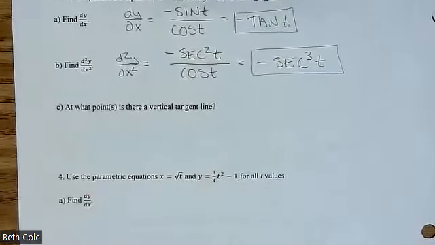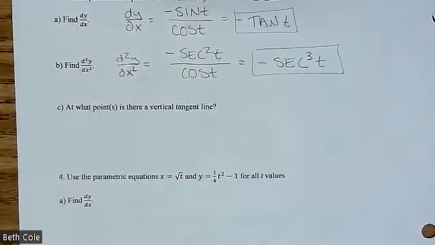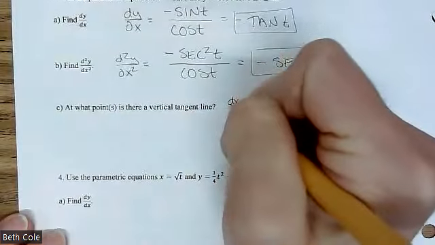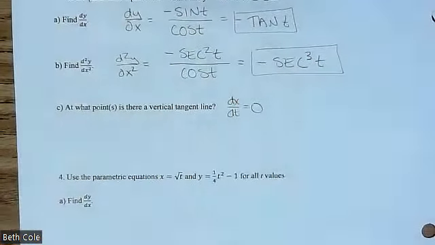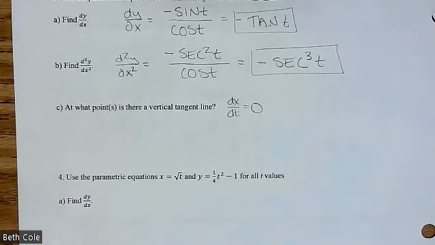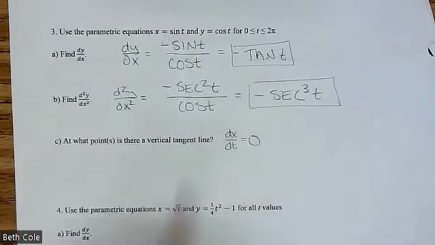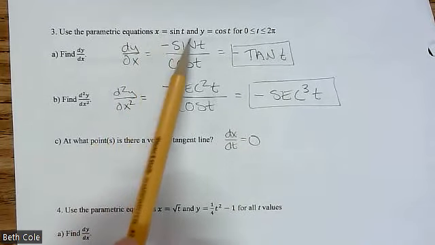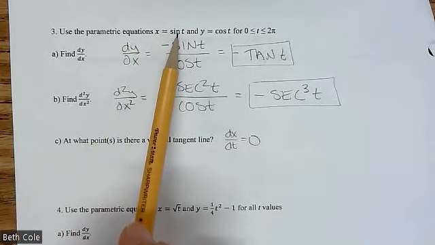Letter C, at what points is there a vertical tangent line? Vertical was that dy dt equals 0 or dx dt equals 0? All right, we want dx dt to equal 0. And there could be more than one answer here. It's point or points, plural. So what was our dx dt? What was our derivative for x? Cosine.